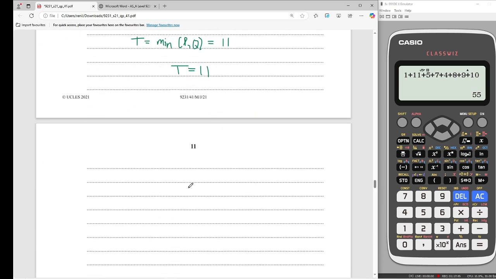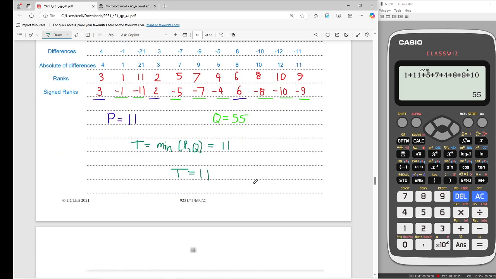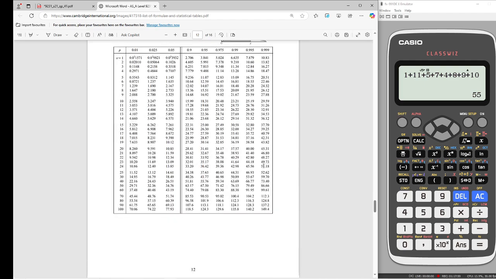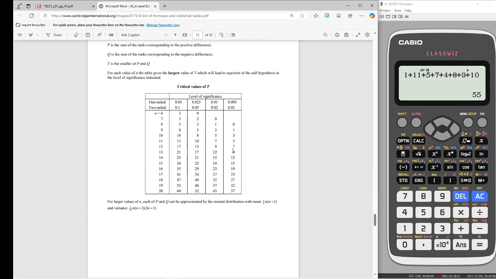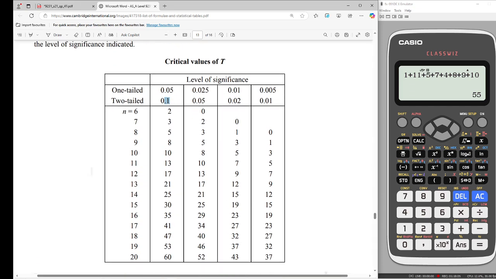Now we need to find the critical value. We're calculating at the 10% significance level, and this is a two-tailed test. So two-tailed at 10% significance level. Let's go to the table here. A two-tailed 0.1, 0.1 representing 10%.